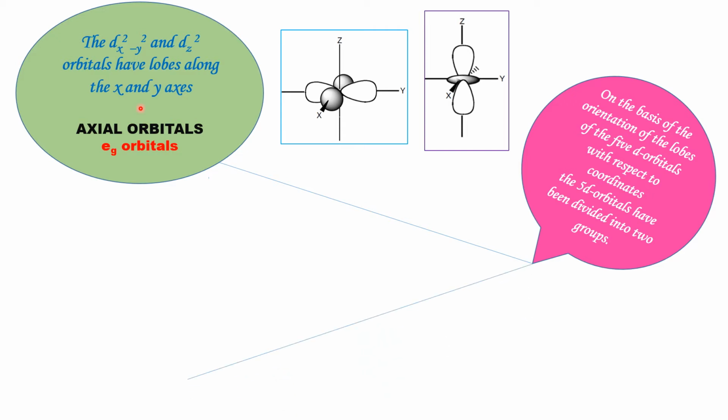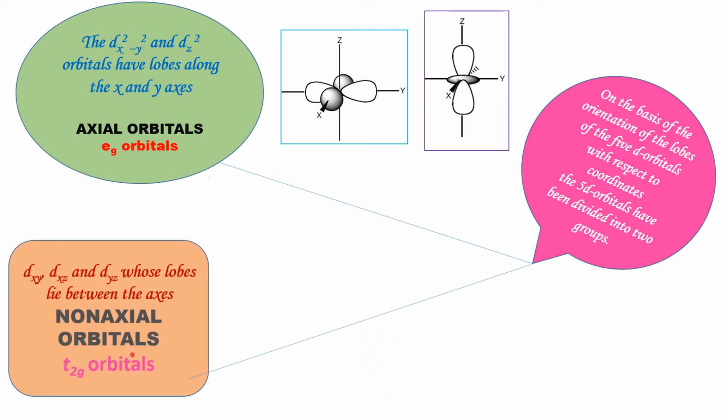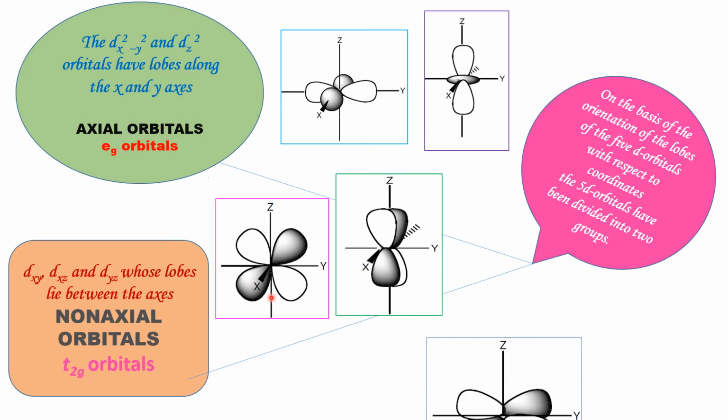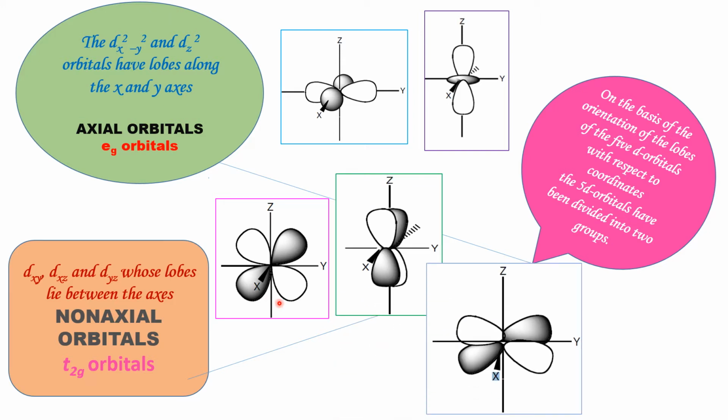Another one is non-axial orbitals. Non-axial orbitals are those orbitals in which the lobes of the orbitals are lying in between the axes. Non-axial orbitals are dxy, dxz and dyz orbitals, in which you can see here the lobes are in between the corresponding two axes.